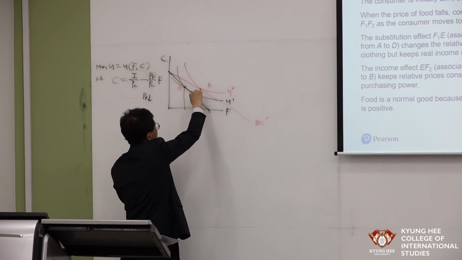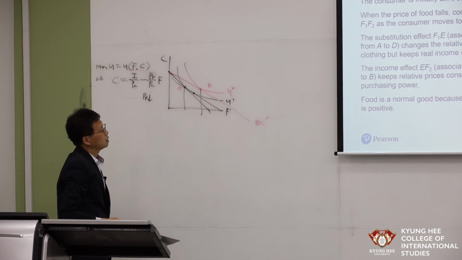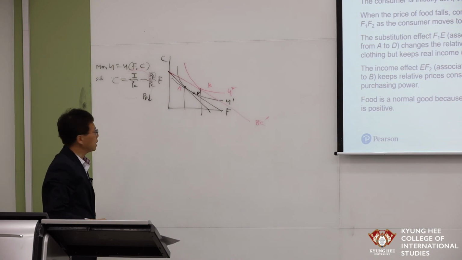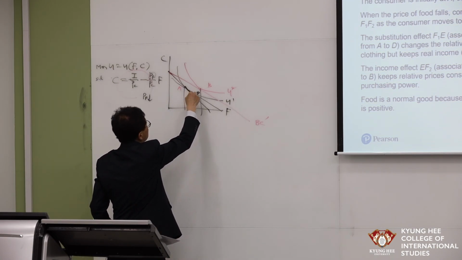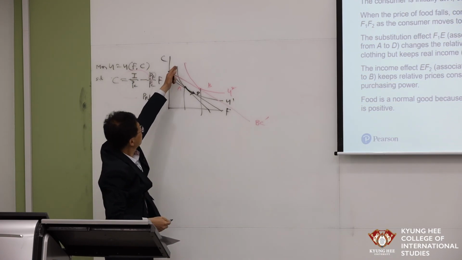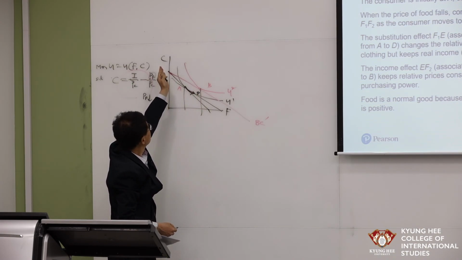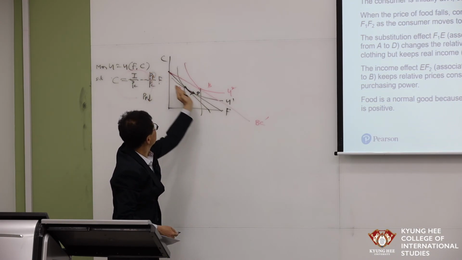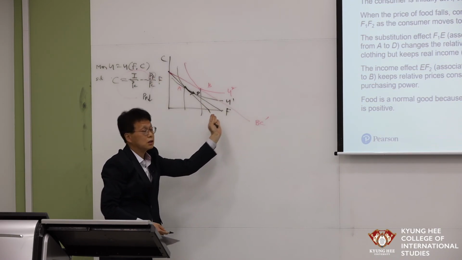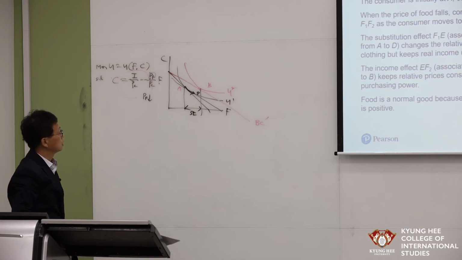Then like this. Right? Then you can find the tangent point. That is point D. Okay? So think about the movement A to D. That is the substitution effect. The utility level is the same, but only the relative price changes from here to here. So that is the substitution effect, right?